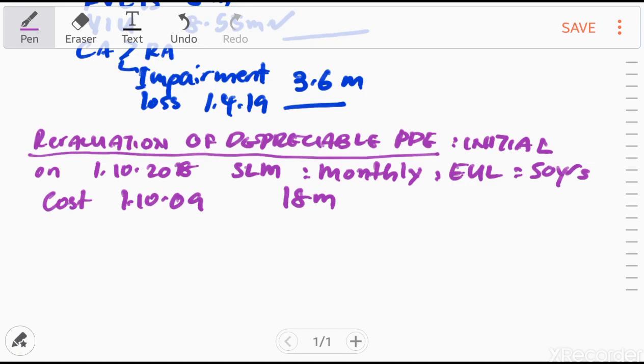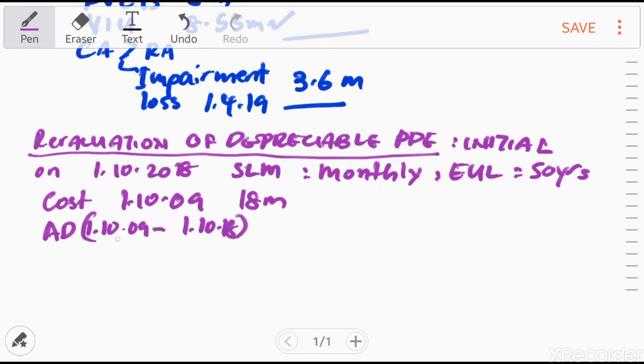Next, I need some space to show the journal next. Okay, 18 million. And then find the accumulated depreciation. Accumulated depreciation here is from 1st of October 09 up till 1st of October 18.